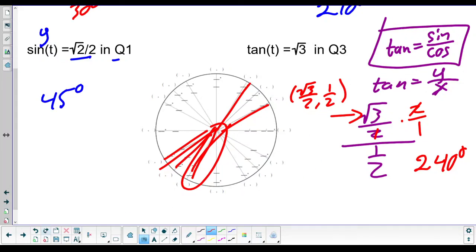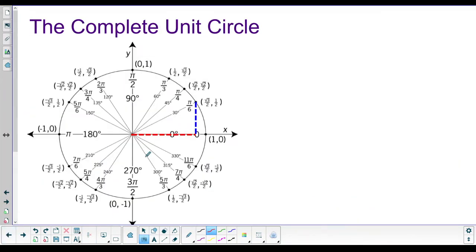So I feel like this probably wasn't the clearest lesson in the world. It's a lot of me going, oh, and then this means this, and then numbers, numbers, numbers. So it takes some practice. Make sure you have this thing somewhere you can see it.